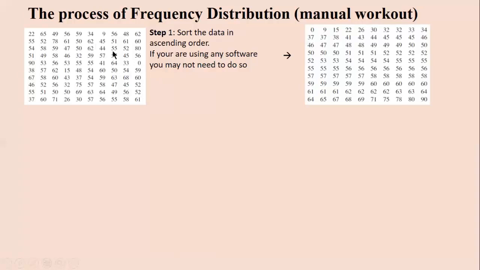Manually, with the naked eye, it is very difficult to locate the maximum and minimum numbers in this scattered, unsorted data. But when you sort this data in ascending order, you can easily find the minimum and maximum value. So in step 1, we have arranged this data in ascending order to find the minimum value and the maximum value. The minimum value is 0 and the maximum value is 90.